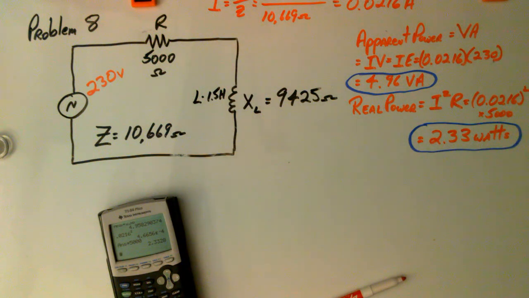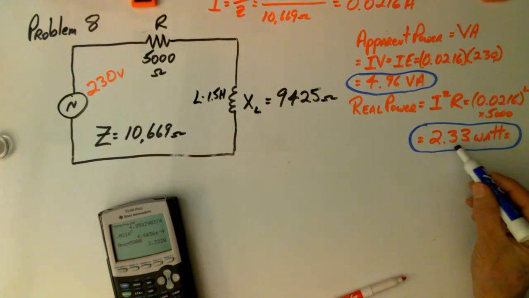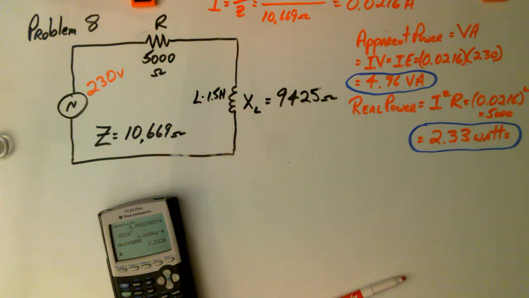Now then, in all the circuits of the universe, can I say it, or should I say almost all of them? 99.9% of all the circuits in the universe, okay, the real power number will be less than the volt ampere number. So we have real power. We have our apparent power.